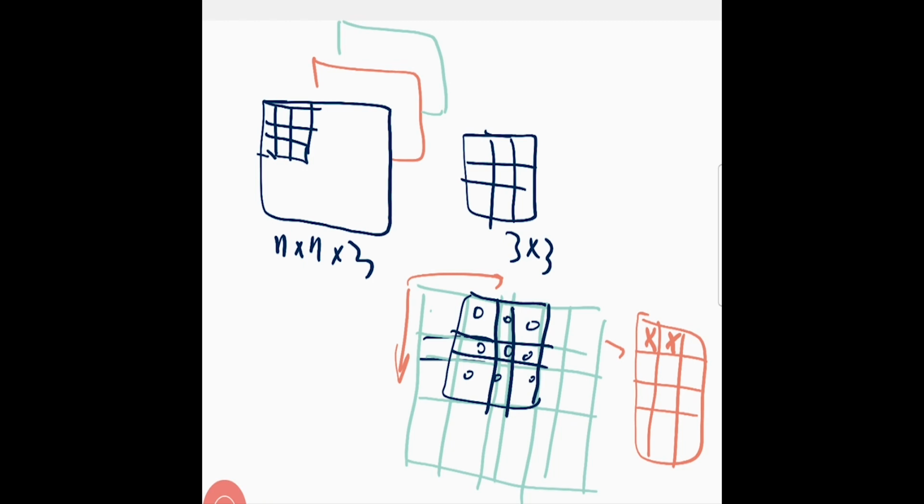So this parameter sharing technique happens to be more efficient, and at the same time it yields very good results. So this is the basic idea behind convolutional neural networks.